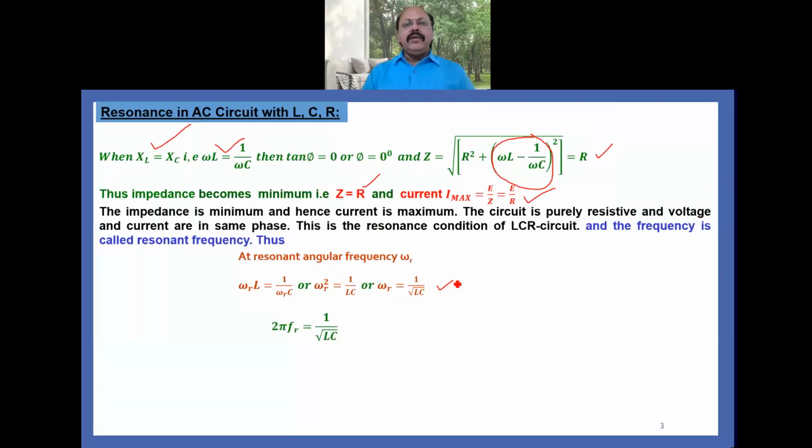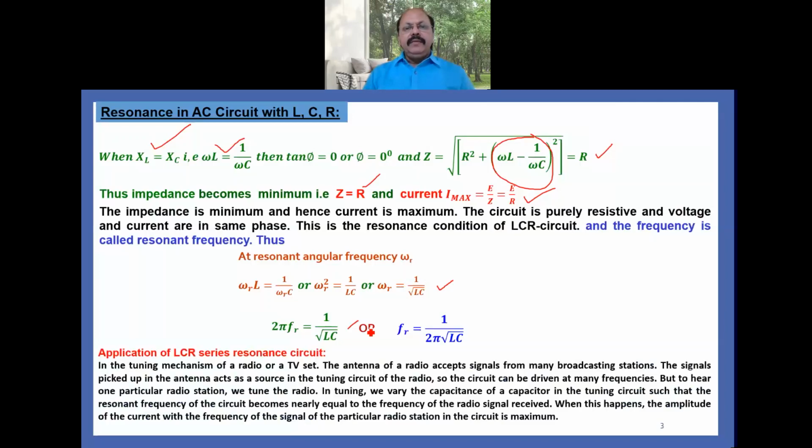Now omega R equal to 2 pi FR. So substitute this value, then the expression becomes 2 pi FR equal to 1 upon under root LC, or FR equal to 1 upon 2 pi under root LC. This is known as the resonant frequency.